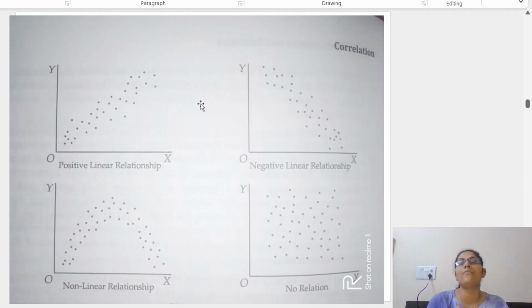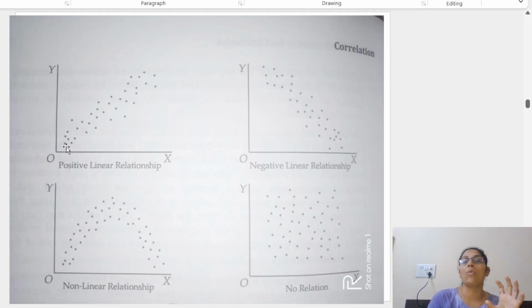Here you can see four different diagrams. As I told you, two variables are always involved, one on the x-axis and the second on the y-axis. If you put all the observations into the diagram, and all the observations go from left to right upward, then we say there is a positive linear relation.